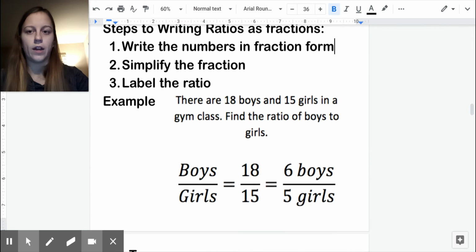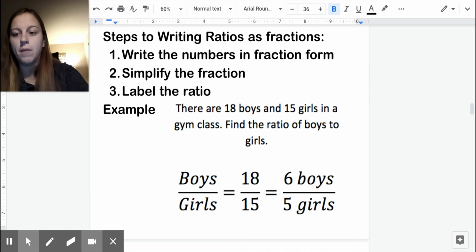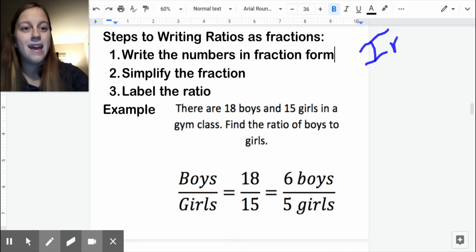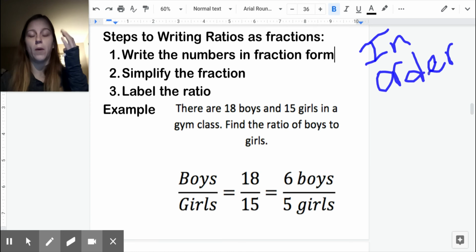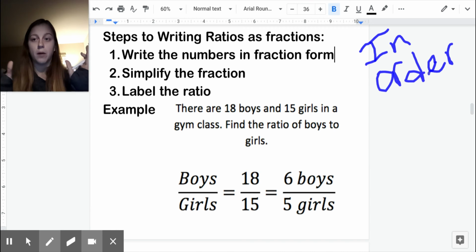So let's go ahead and look at an example here. So the steps to writing a ratio. First, take whatever numbers they're talking about and write them in fraction form. The biggest thing I can tell you is make sure you keep them in order. They have to be in order by the way they're read, by the way it says in the sentence. So again, you're going to take those numbers and put them into fraction form.